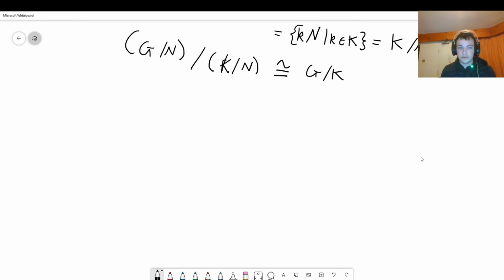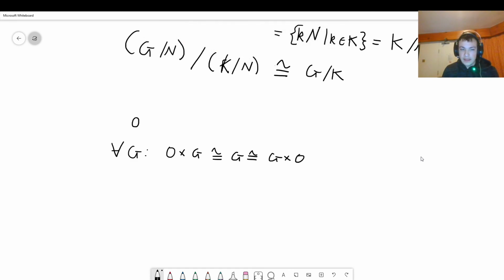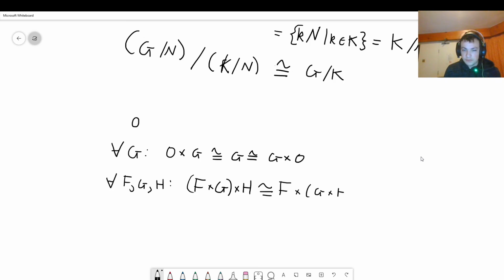This is interesting because we've been adding and dividing groups in a way. So we have this product, and then if we take the trivial group 0, then for all G, the direct product of 0 and G is isomorphic to G itself, and that's isomorphic to G times 0. Then for all groups F, G, and H, we have that (F times G) times H is isomorphic to F times (G times H).